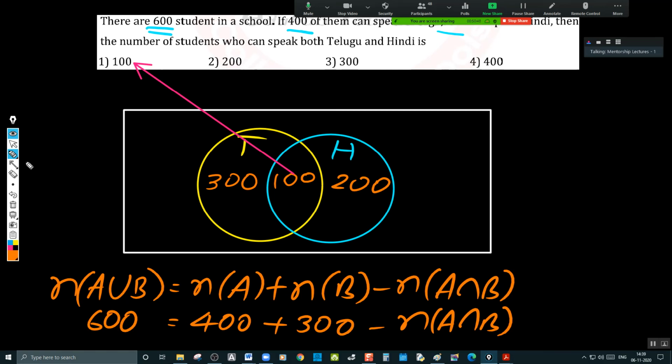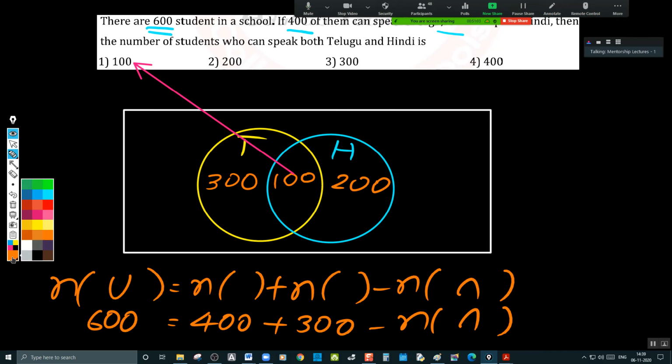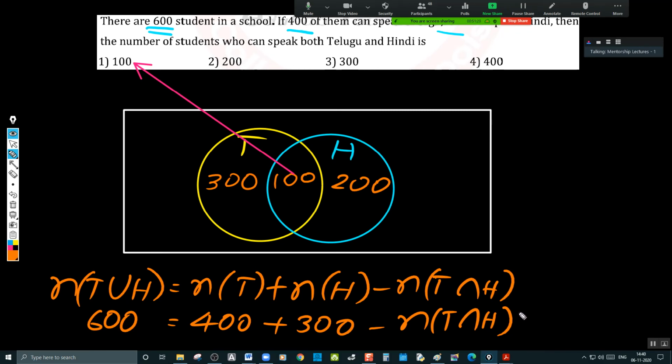He used the formula. Let me show you this symbolically so that you will also understand in a better way, because they are talking about Telugu and Hindi. So let me write in those terms only. N of T union H is N of T plus N of H minus N of T intersection H. So after all simplification, N of T intersection H is equal to 700 minus 600.